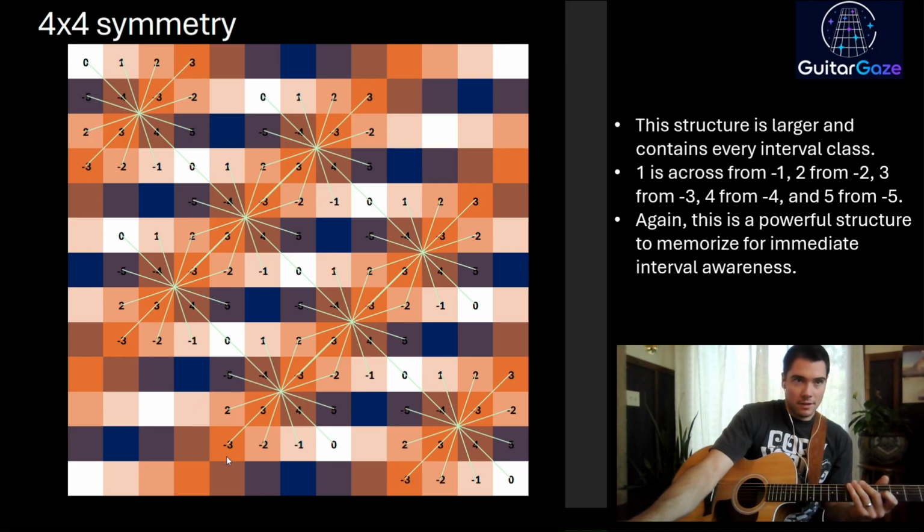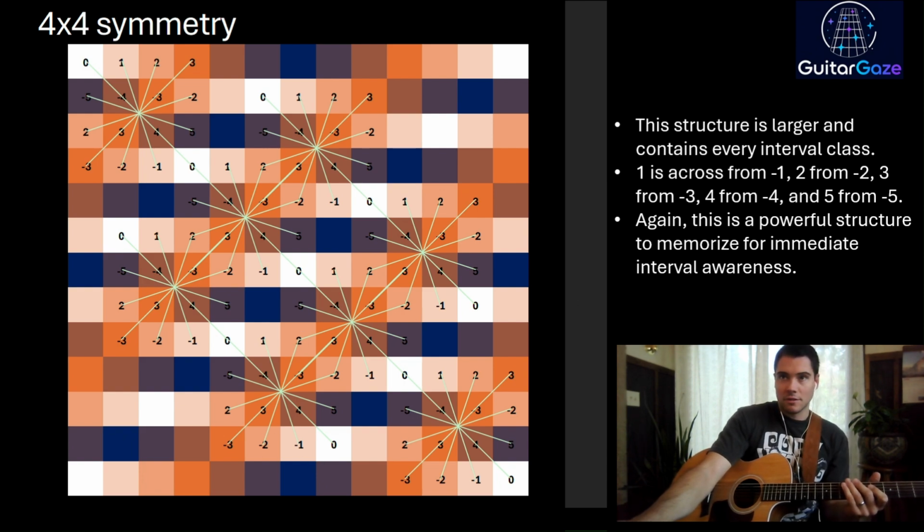So basically, this box of 4 notes, this box of 4 notes, and the 0s and the 5s. You can play those, you're in the Dorian mode. It's just one example, but everything is symmetrical about the central point. 1 reflects to -1, 2 reflects to -2, and so on.